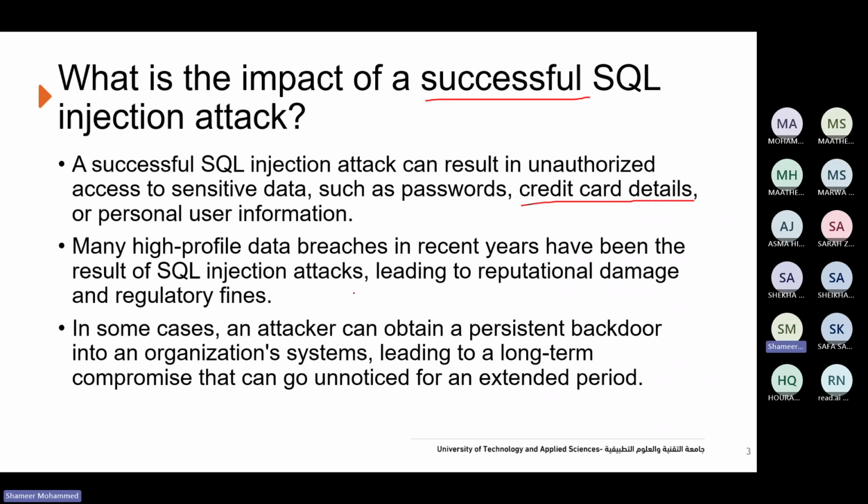Your credit card details will be exposed. Like if this attack is happening in Bank Muscat or Oman Arab Bank or Oman National Bank, all the customers' credit card numbers, account numbers, PIN numbers and passwords are stored in the database. If that site is vulnerable, you will lose your money and your personal data. That is the impact.